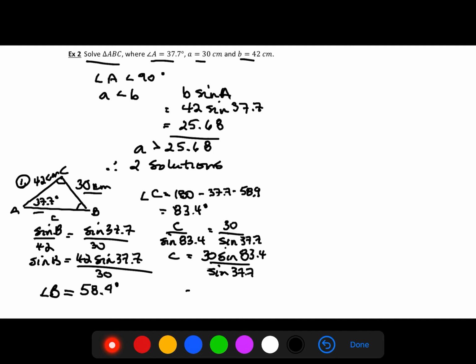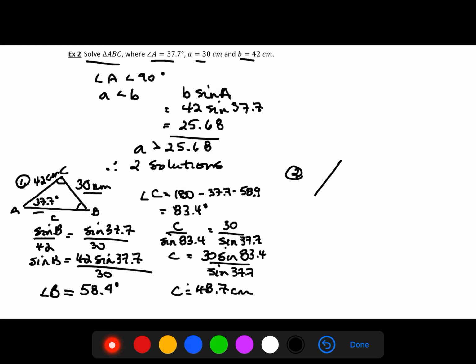So c is equal to 30 times sine 83.4 divided by sine 37.7. Rounding again to 1 decimal place, side c is approximately 48.7 centimeters.